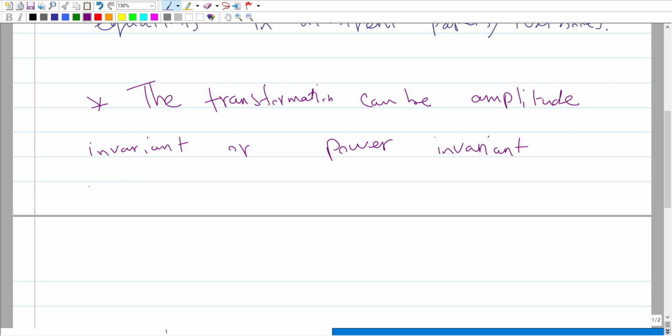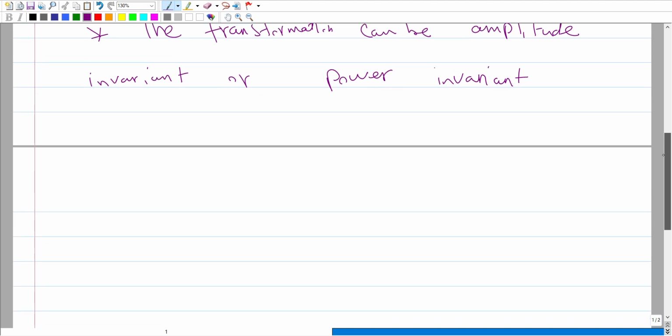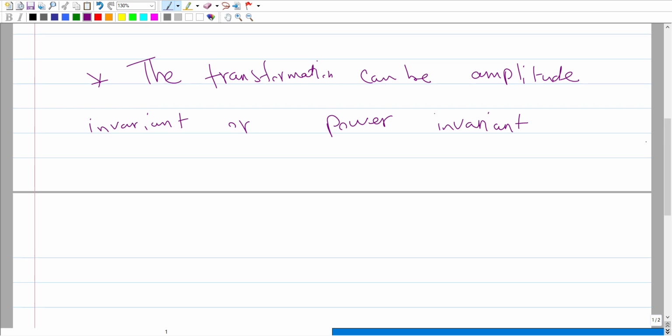But in the synchronous reference frame also, the amplitude invariancy has a meaning, that is root of the d-axis component squared plus q-axis component squared equals the amplitude of the original three-phase variables. So this is one of the reasons that you can have different transformations and different formulas in different papers.